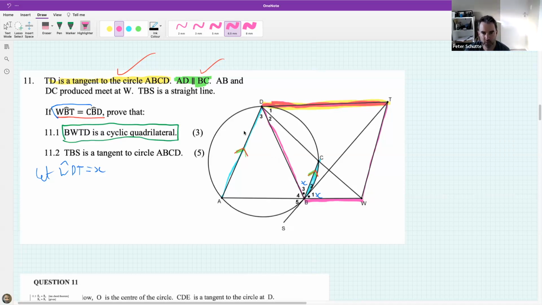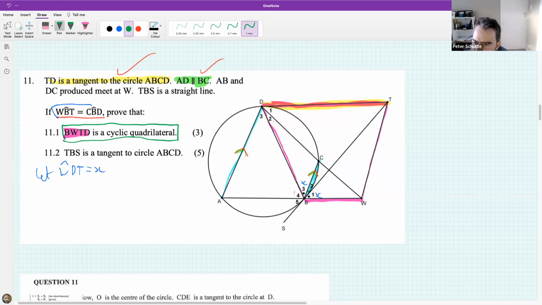We need to find a way, BWTD, okay, what can we do? Well, if we could show that this angle over here was equal to that one, that would do the job. Or if I could show this one was equal to that one, that could do the job. So there's a couple of ways, but we need to go look for information.